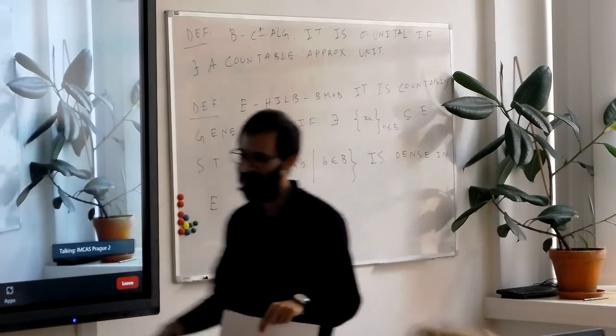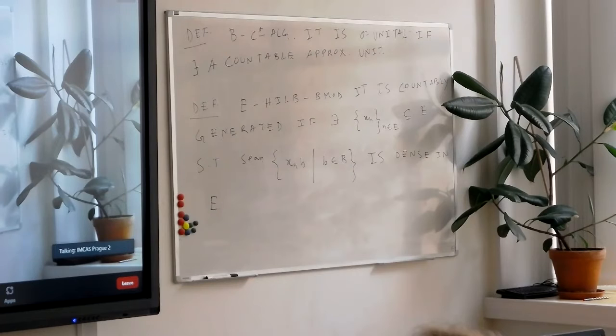That is just a natural generalization of finite generation in the algebraic case. To get a countable set, you take the submodule generated by the countable set, and it should be dense.